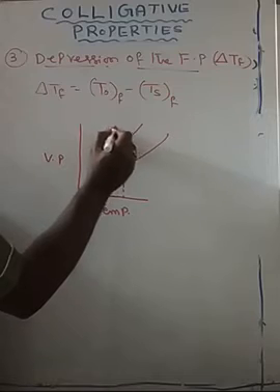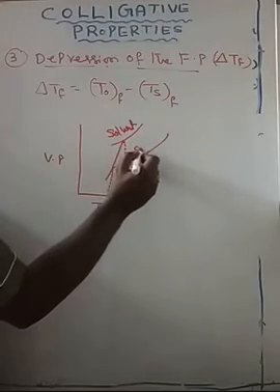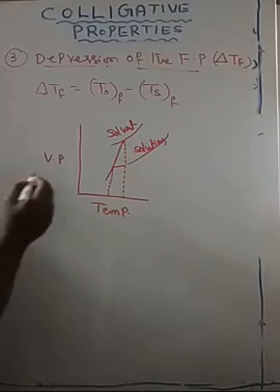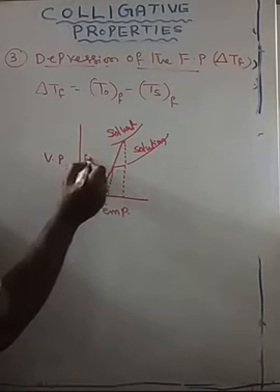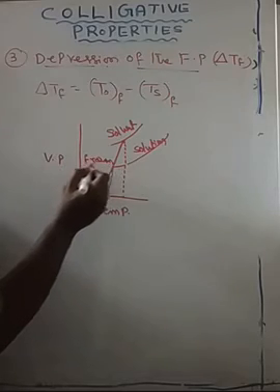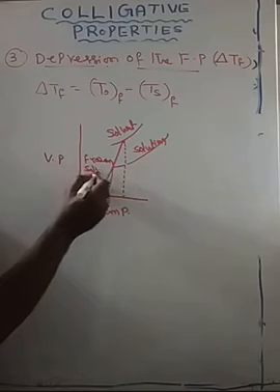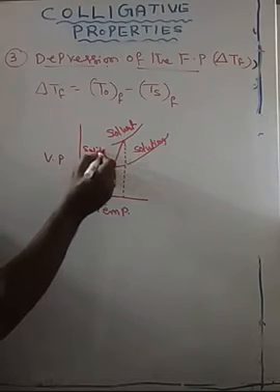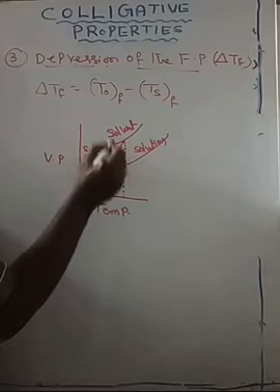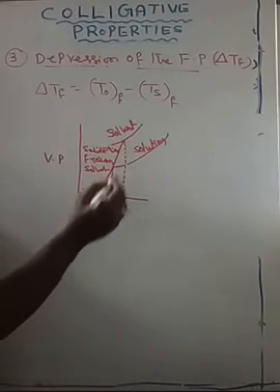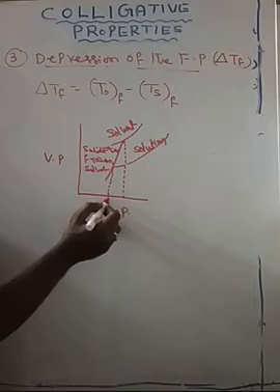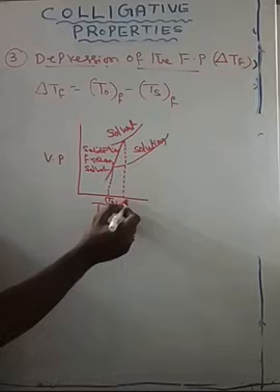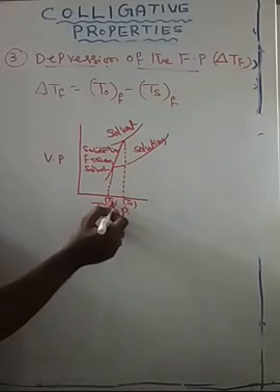This is the solvent. This is the solution. This is the frozen solvent, where solid and liquid equilibrium is established. This is the solution, that is Ts, and this is T naught.